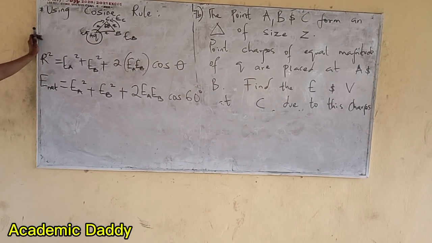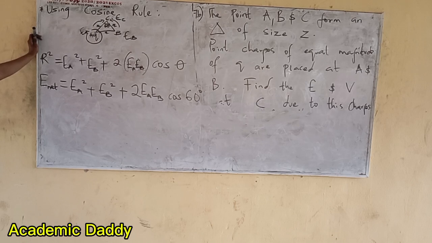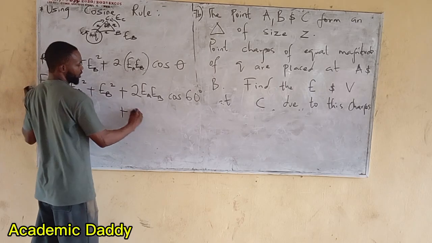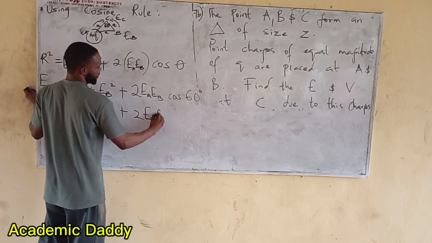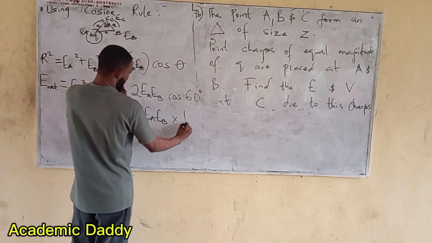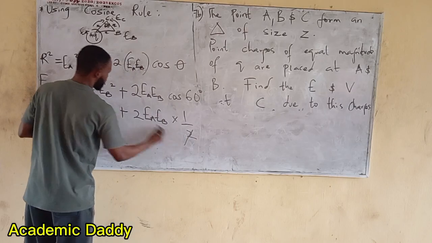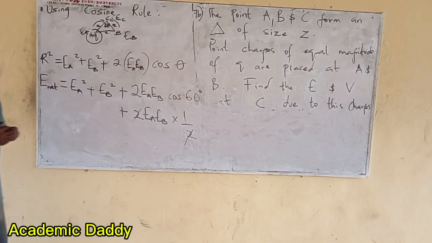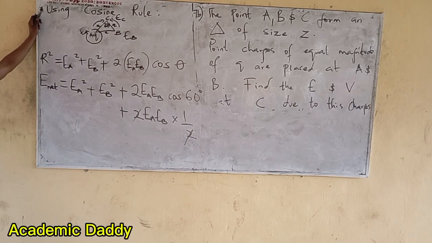At the end of the day, cos 60, check for me, cos 60, what do you have? Is it half? Yes. It's the same as half. So I'm having plus 2EA EB times 1/2. This will take care of this one. Cos 60 is half now.